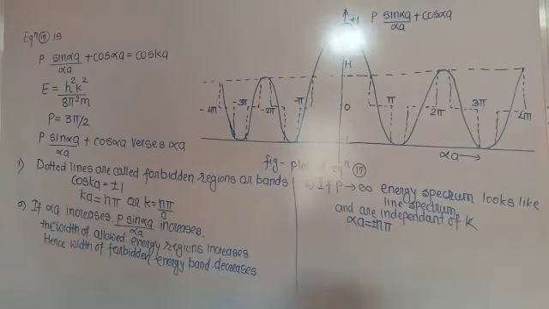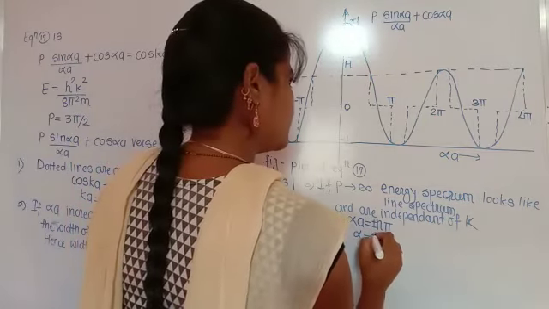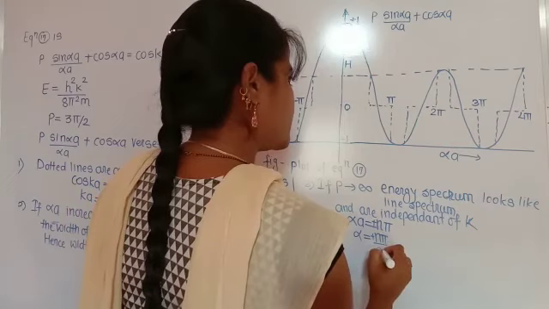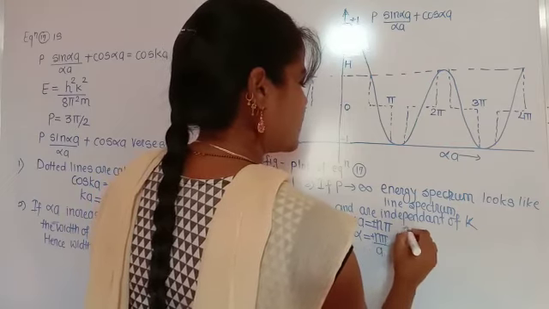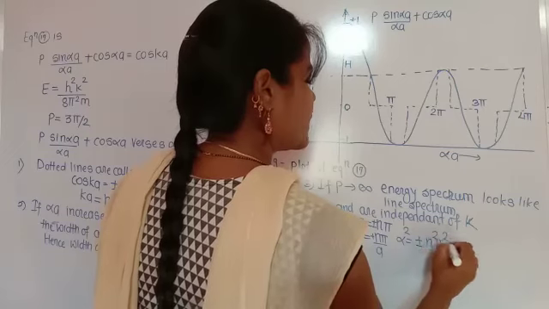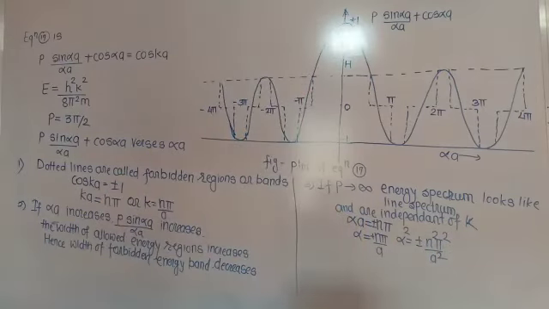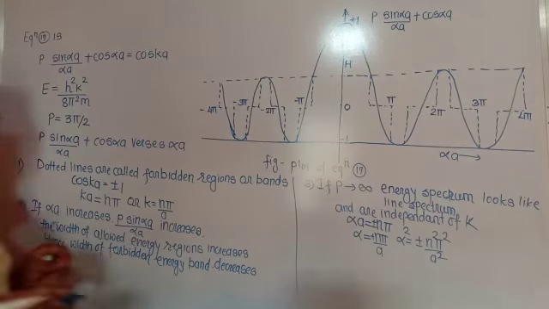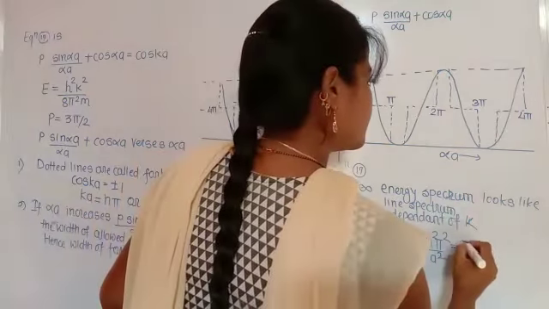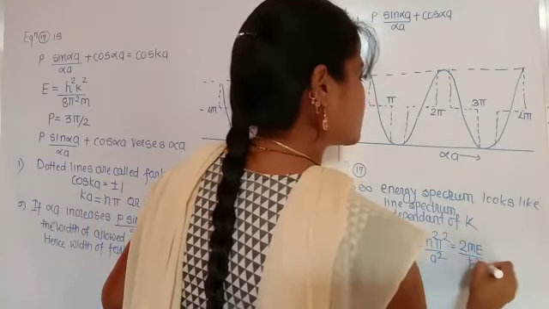Therefore alpha square is equal to n square. Here alpha is equal to plus minus n pi by a. So alpha square is equal to plus minus n square pi square by a square, which equals twice m E by h cross square.